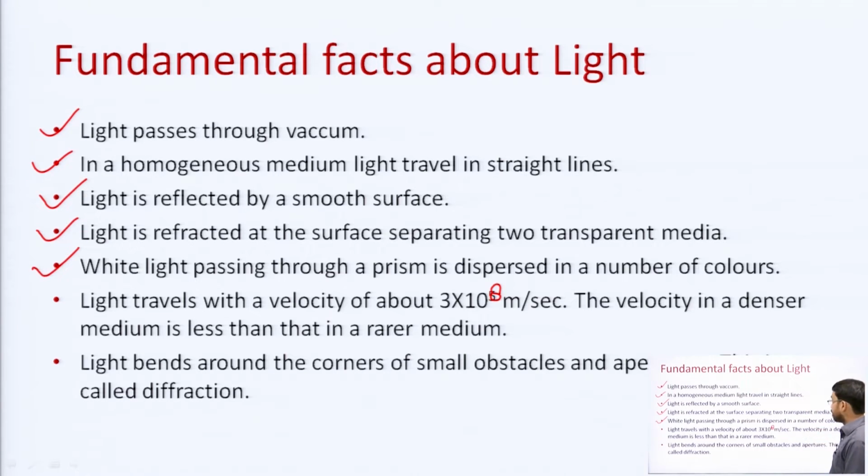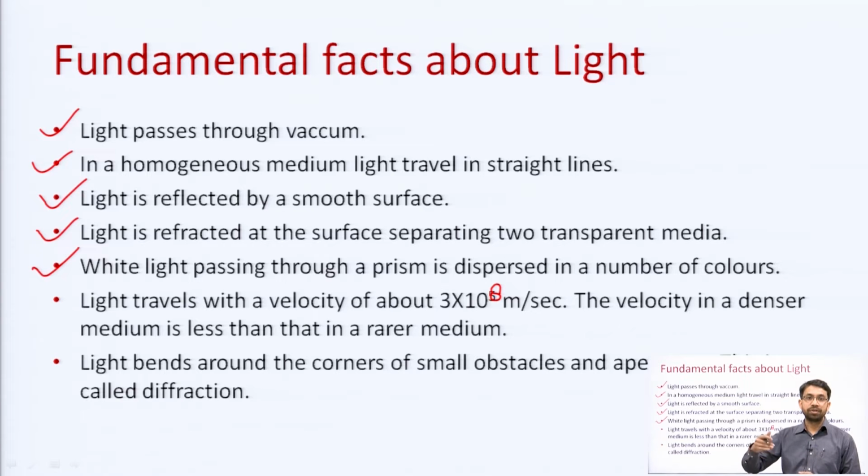The velocity of light in a denser medium is less and its velocity in a rarer medium is more. If we compare the velocity of light in air and water, the velocity of light is more in air and less in water.